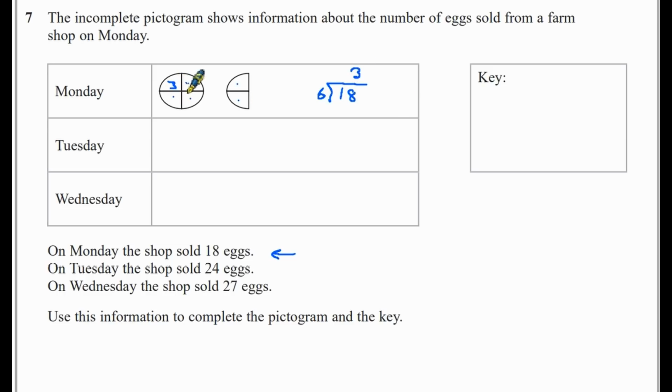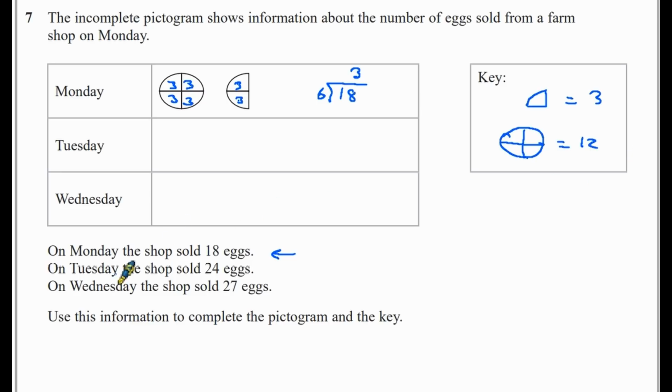So here we have 3, 6, 9, 12, 15, 18 eggs. We now know that 1 quarter is equal to 3. This actually means, and you could put this in the key, I guess, that if you have a whole circle here with the 4 quarters, that would be 12 eggs.